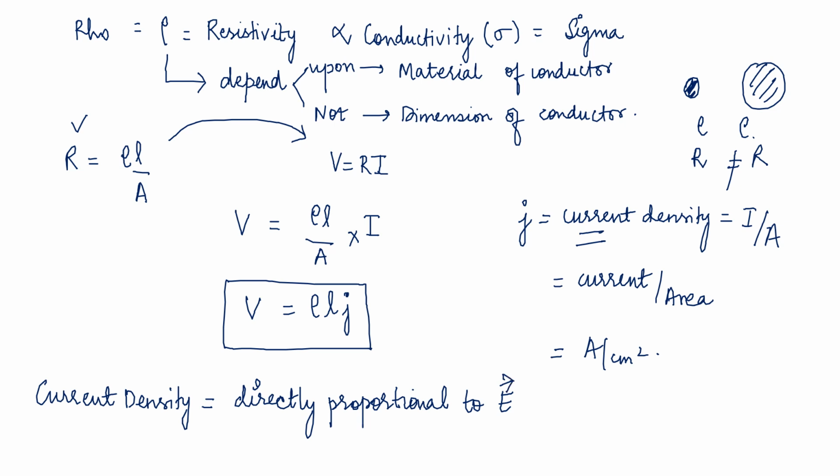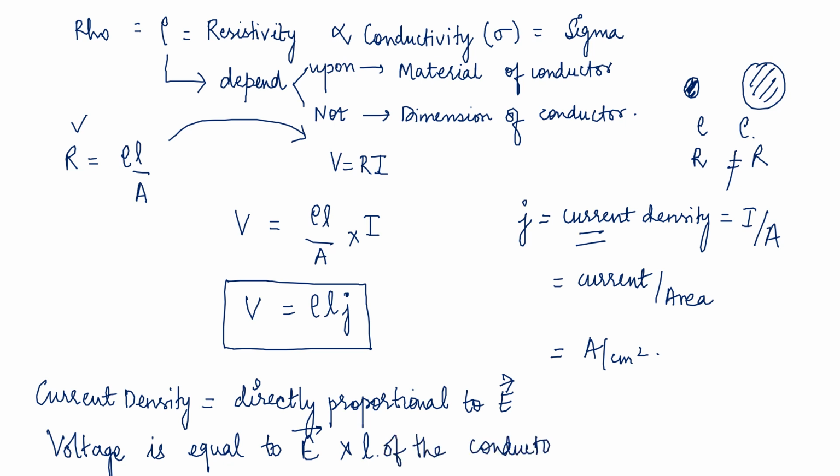So we will have another equation, and then we know another thing, that voltage is equal to the electric field into the given length of the conductor. So keeping the two equations in mind, we have V equals rho L into J. Similarly, we have V equals E L.